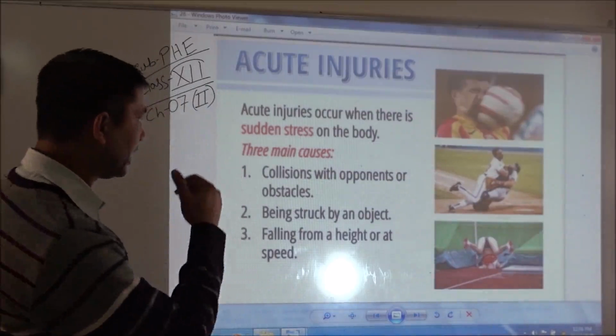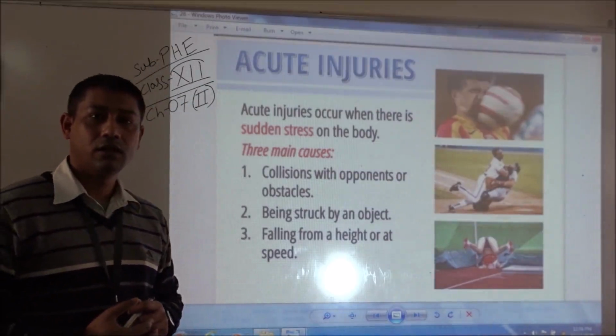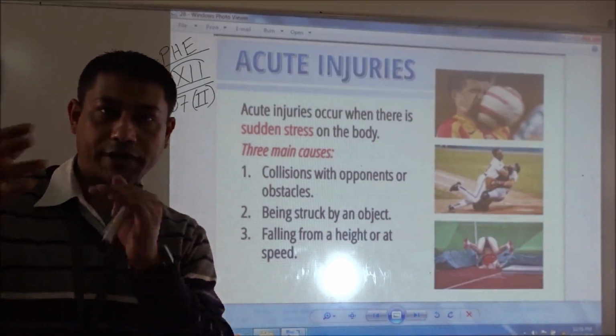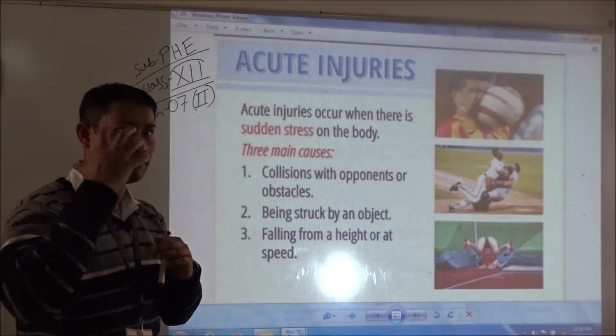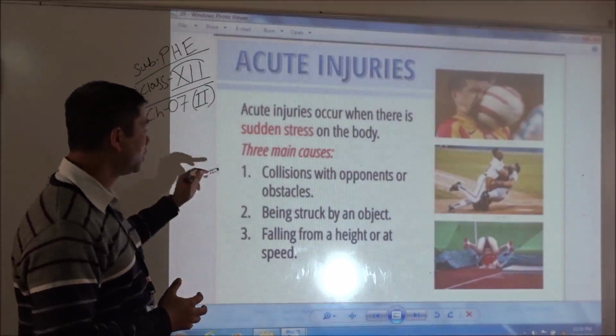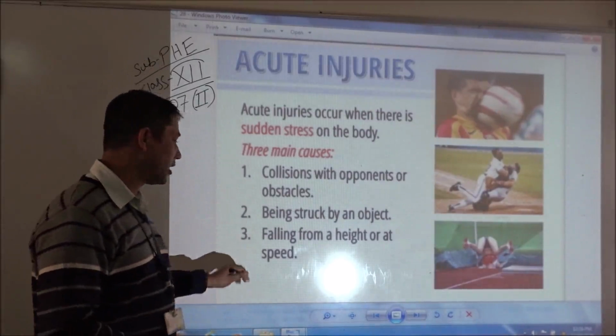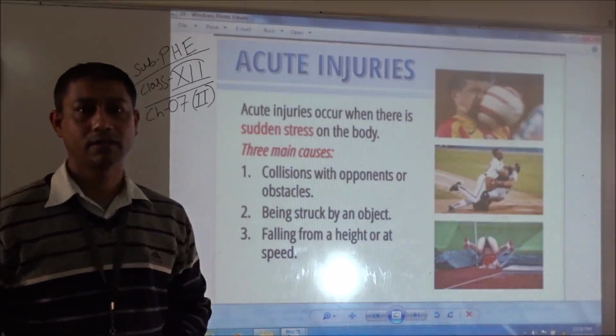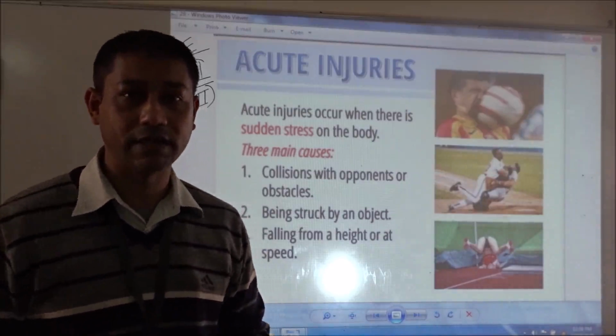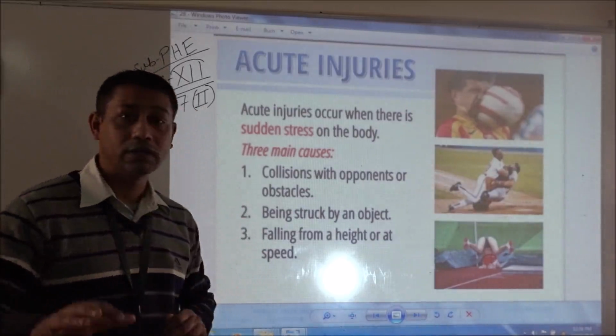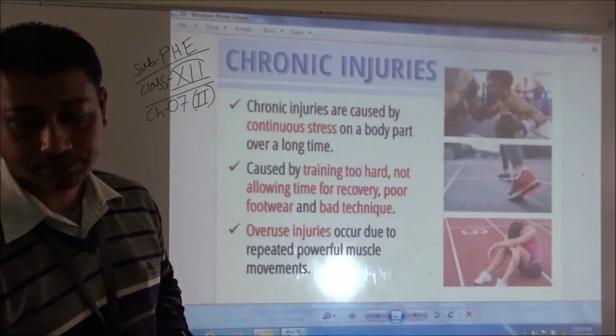You can see in the image also, students, when you are not ready for it, suddenly a ball hits you, then you are being struck, collision occurs, you are falling down from a height. So they all are included under acute type of injuries.